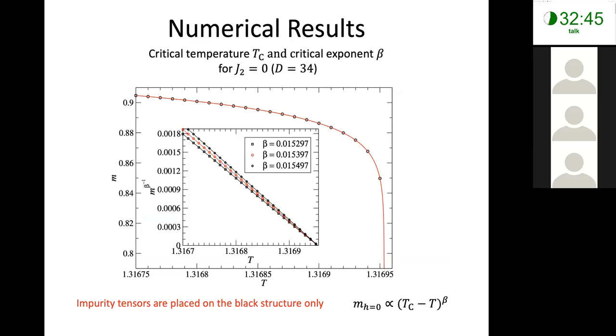And this is a fitting of magnetization in the case of pure fractal, when J2 is equal to 0. Let me just remark that we place the impurity tensors only on the black structure, so only on the sites which are connected by the J1 couplings.